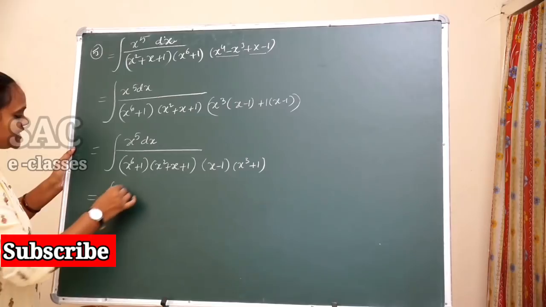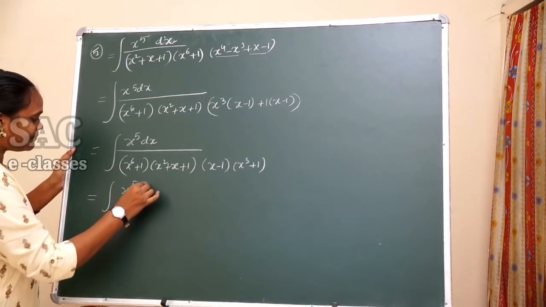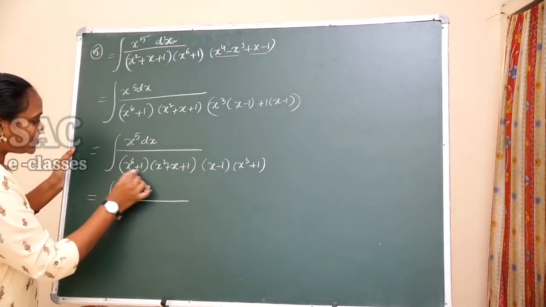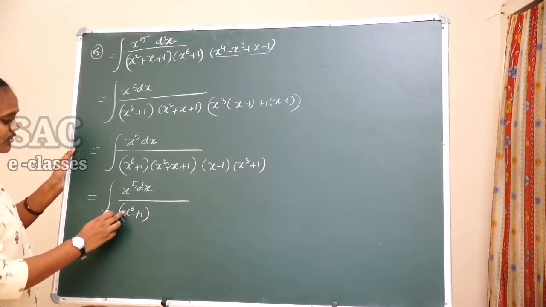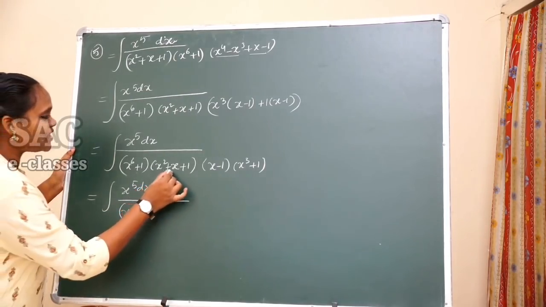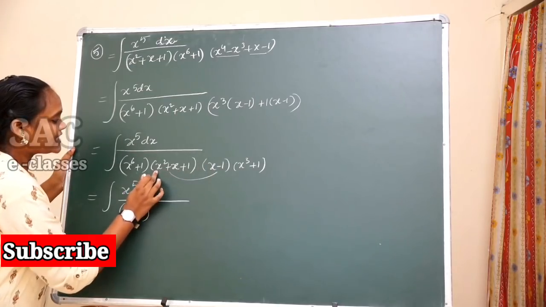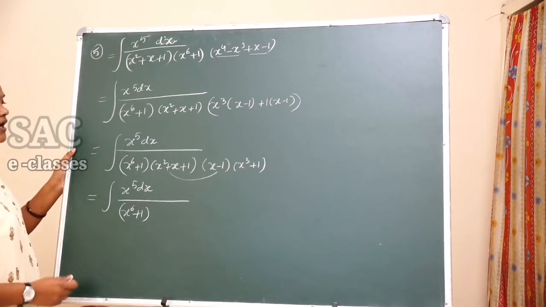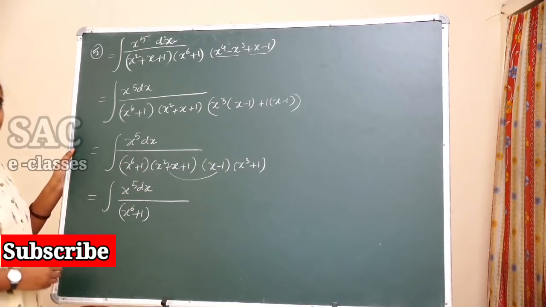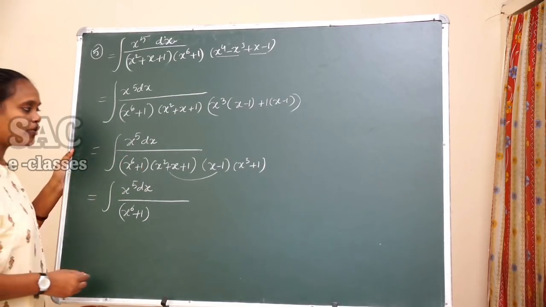Just look at the denominator once again. I am not changing the first factor, x power 6 plus 1. But if you observe these two factors, x square plus x plus 1 into x minus 1, obviously it is looking like the special product of a cube minus b cube.